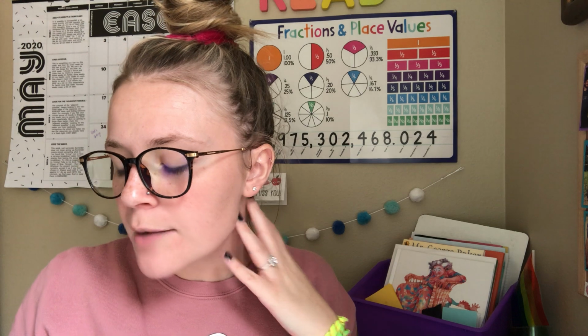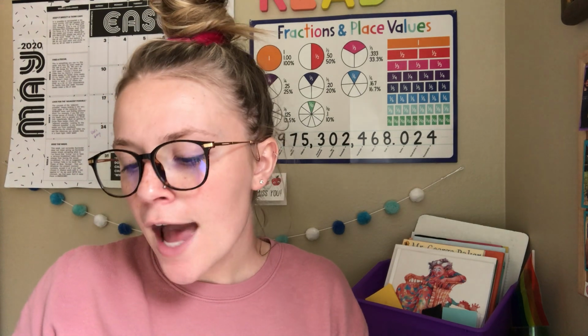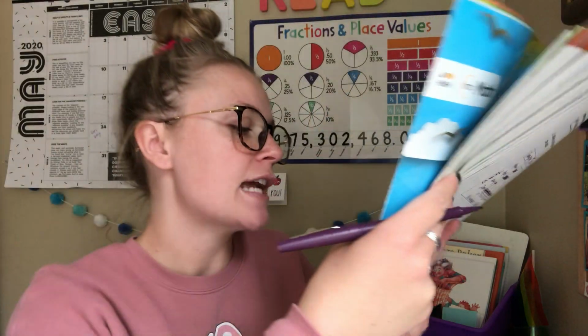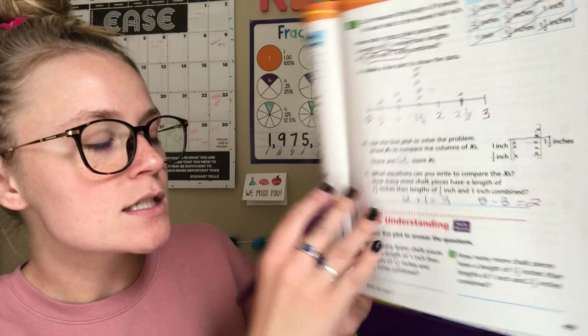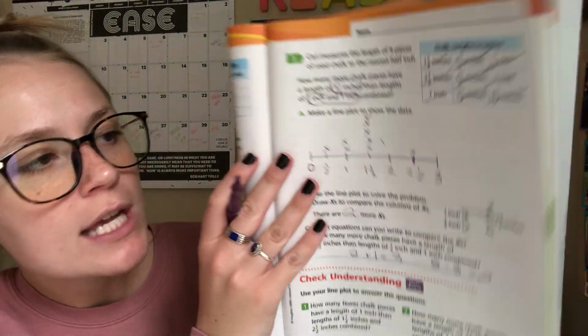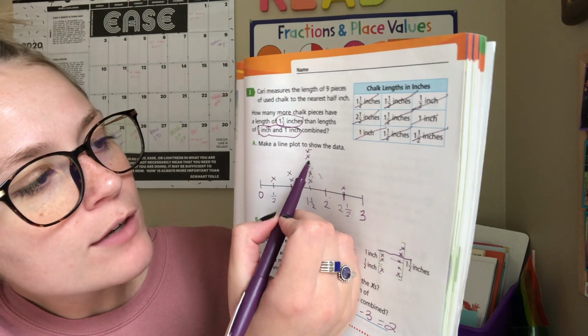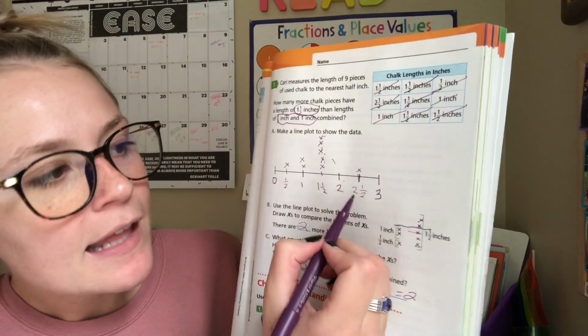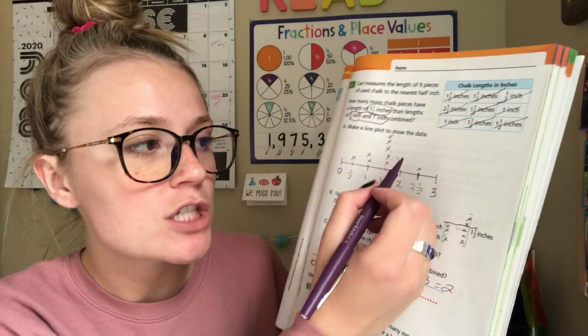It says, use your line plot to answer the questions. How many fewer chalk pieces have a length of 1 inch than lengths of 1 1/2 inches and 2 1/2 inches combined? So I'm combining 1 1/2 inches, which is 1, 2, 3, 4, 5. So I'm going to write that down. And then I'm combining that with the 2 1/2 inches.